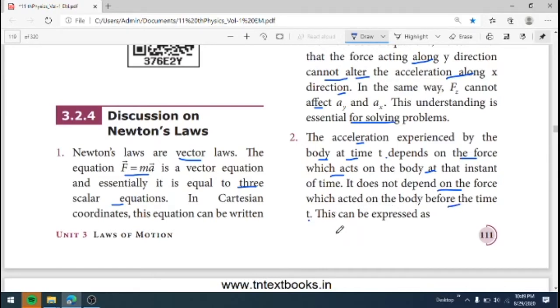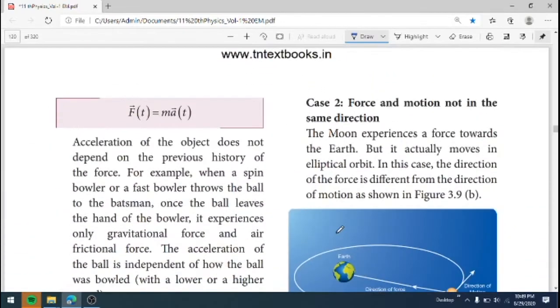That means acceleration does not depend on the previous history of the force. So it is expressed as: force at any instant is related to acceleration at that instant. Both are dependent. Okay, so it does not depend on the previous history.